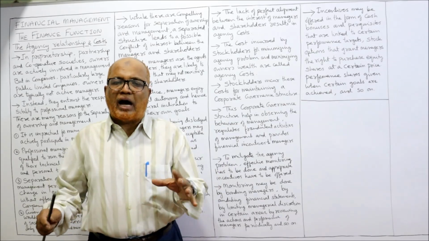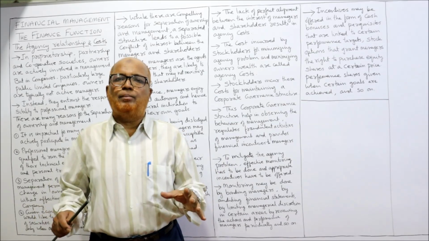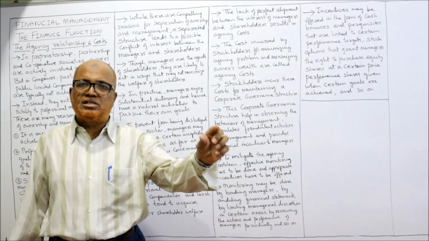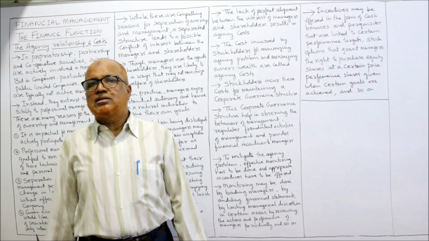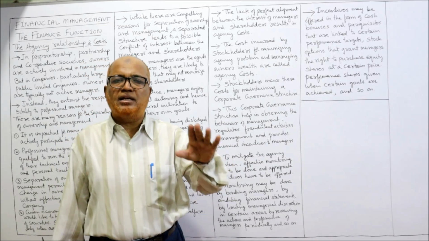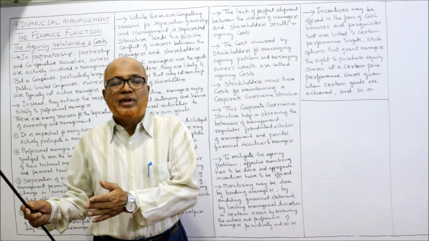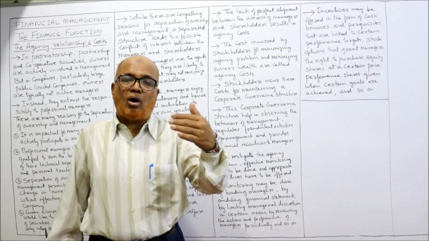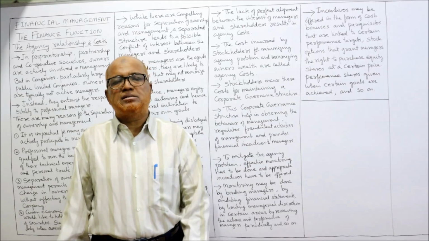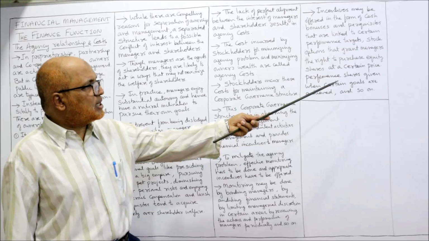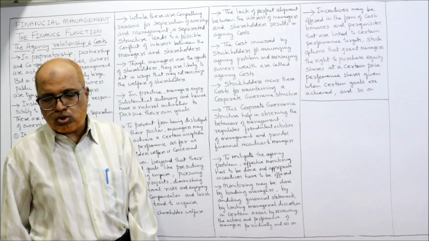But according to the articles of association of the company, if the management performs to this much target, the directors will be allotted shares at a low price of 100 rupees. In the market, it is 500, but the company is giving a stock option to the managers at a low price, that is 100 rupees. And performance shares are given when certain goals are achieved, and so on.